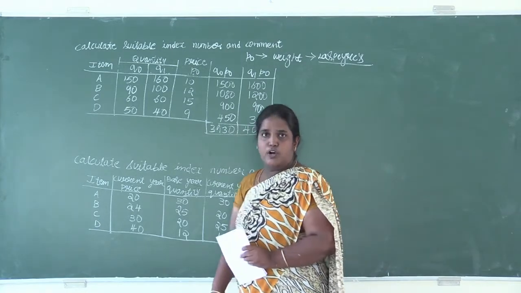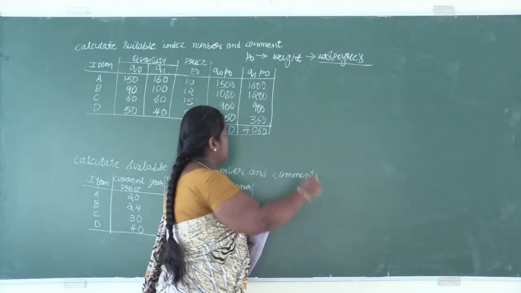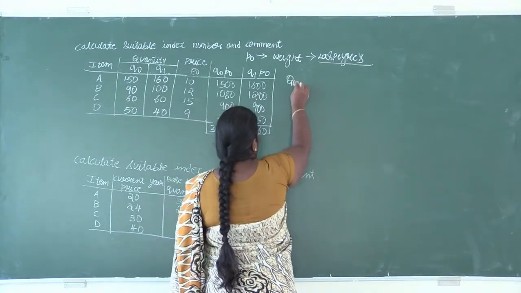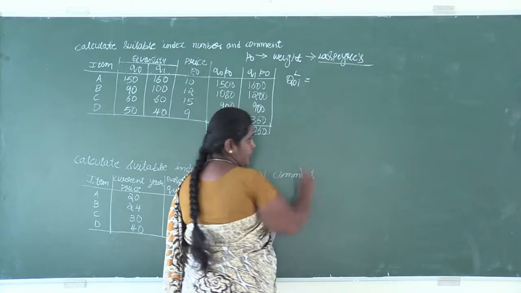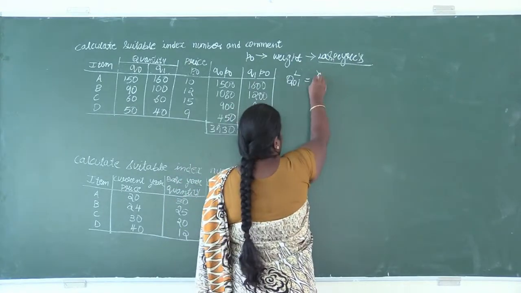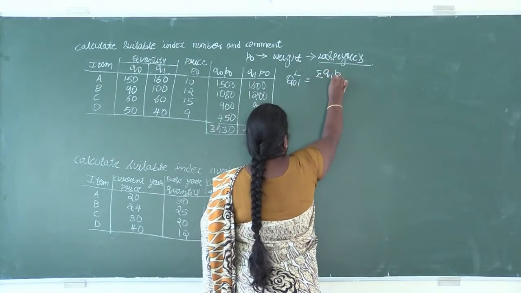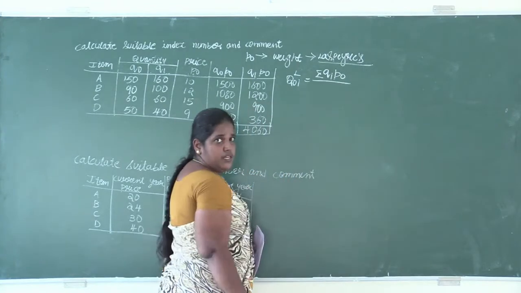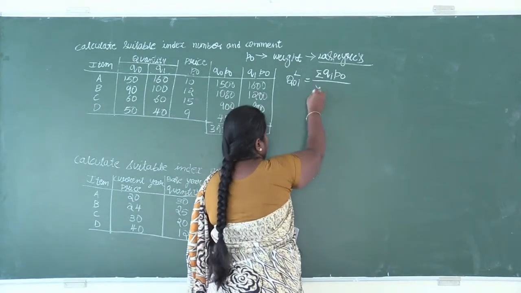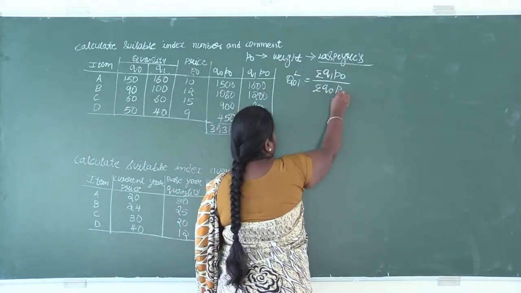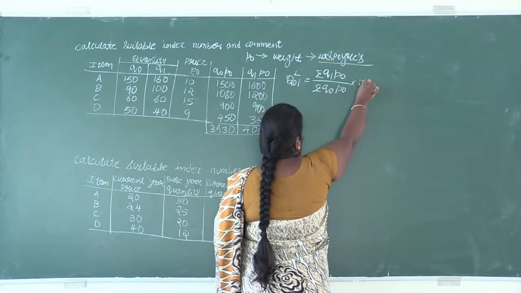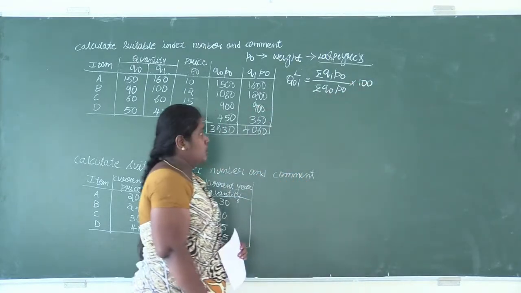So now use the formula of last year's quantity index number. So what is the formula? Q01L is sigma Q1 P0 divided by sigma Q0 P0 into 100. Now we have to substitute in this.